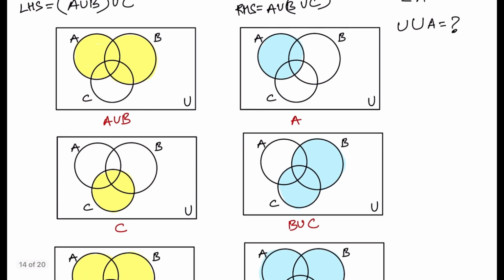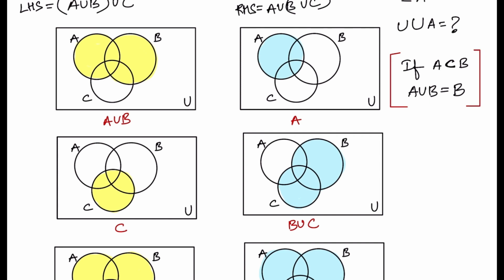If there is a condition A is a subset of B, that means all the elements of A already belong to B. If A is a subset of B, then A union B will always be B. This is the way to write it, it is always true.